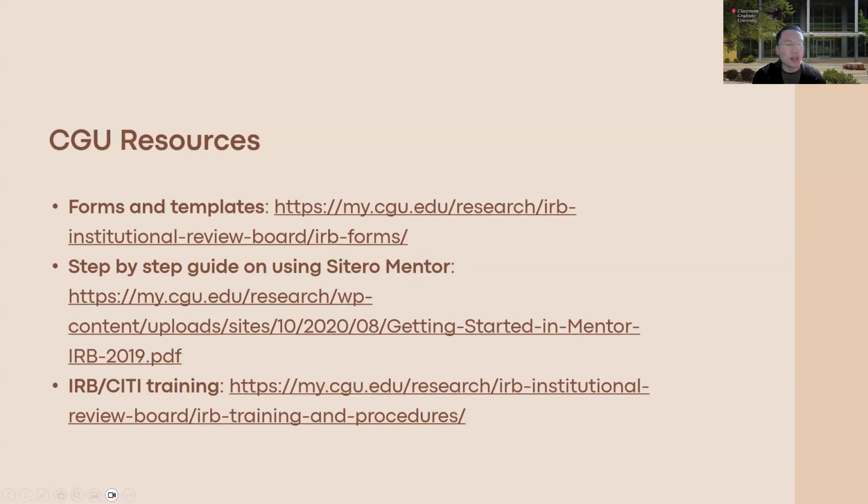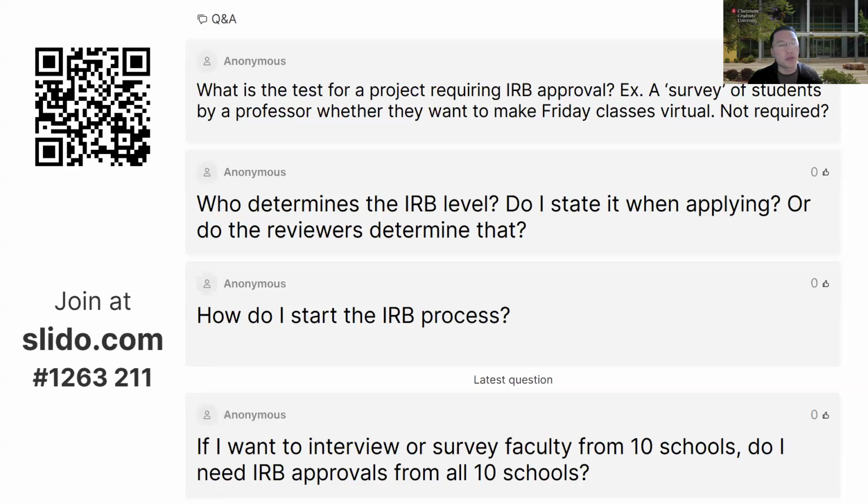You have to click into the link, and it might require you to log in with your CGU email. Once you're in there, that's the place where you can start your IRB application. But I'm happy to do a demo, if needed, of how to navigate the app as well.